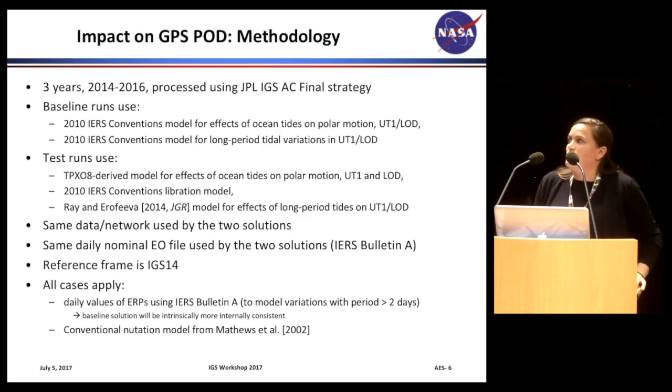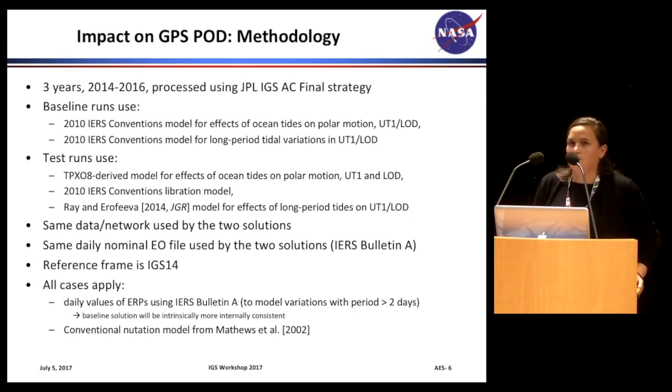For the baseline runs, we used what we currently use in our operational strategies, which is the IERS 2010 conventions model for both the effects of ocean tides on polar motion, UT1 and LOD, and for the zonal tides in UT1 and LOD. The test runs are different because they use the TPXO8-derived model for the effects of ocean tides. They also use the IERS libration model, and we use as well the Ray and Erofeeva model for the regularization process that takes place internally.